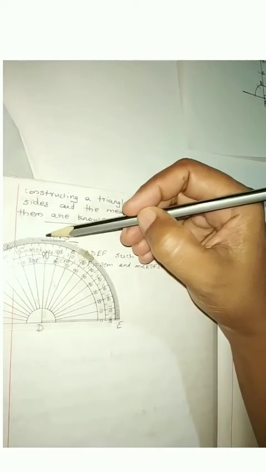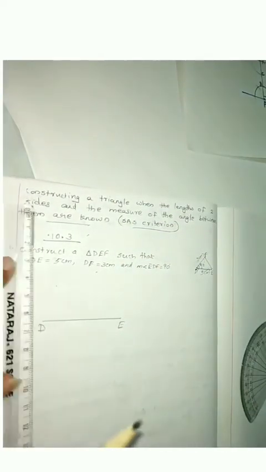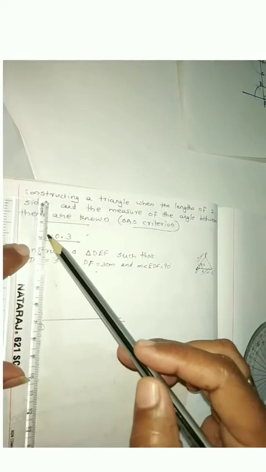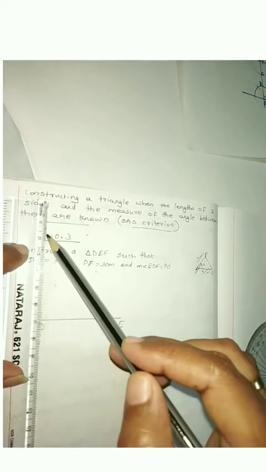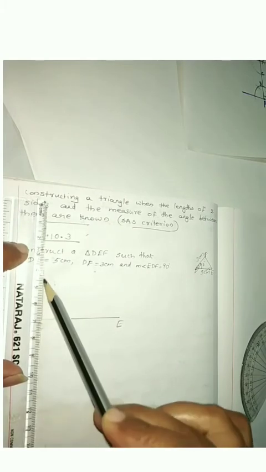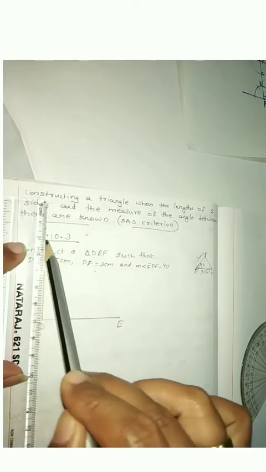Keep it here. This point will be on D itself. Clear? Then 90 degrees will be here. So mark it here. Now we can draw a direct line to this point. Now this is 90 degrees.